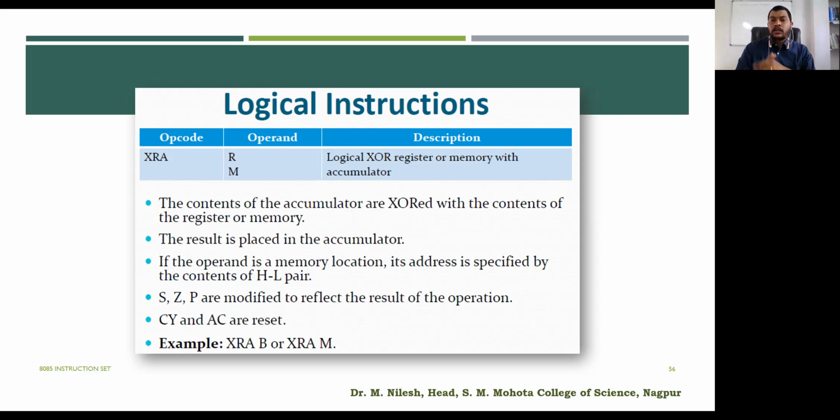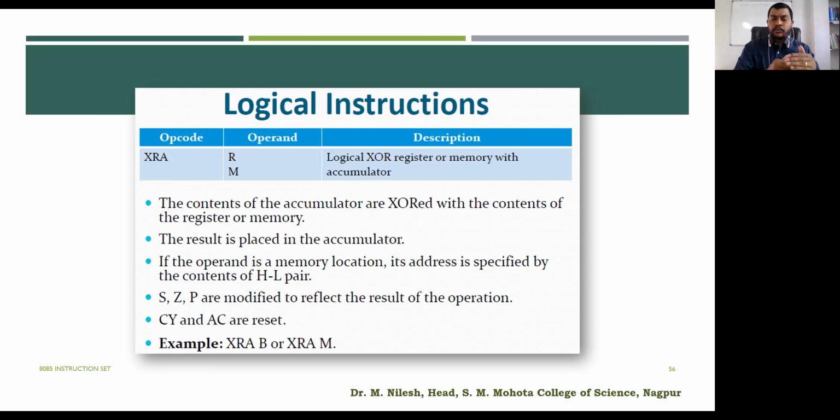So what I mean to tell you here is, whenever we have to make the contents of the accumulator 0, what will we use? We will use this instruction, XRA A. Now what will happen? The contents of the accumulator are being XORed with the same contents of the accumulator, XRA A, right?